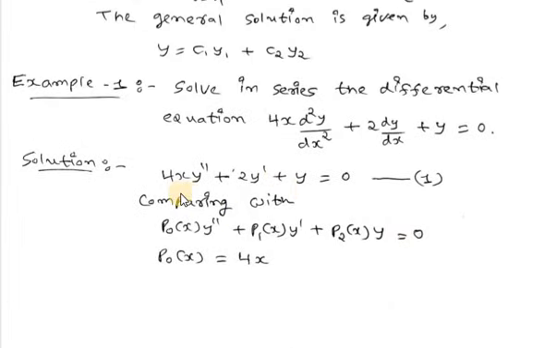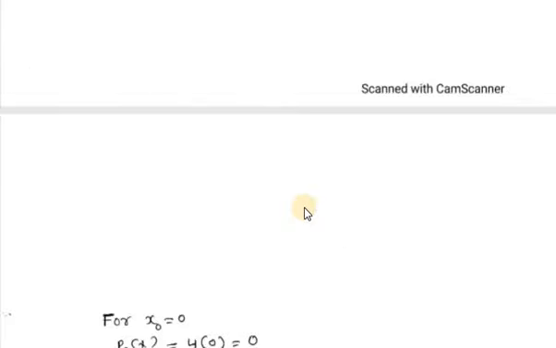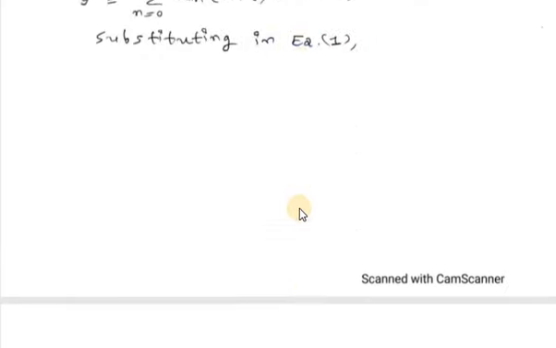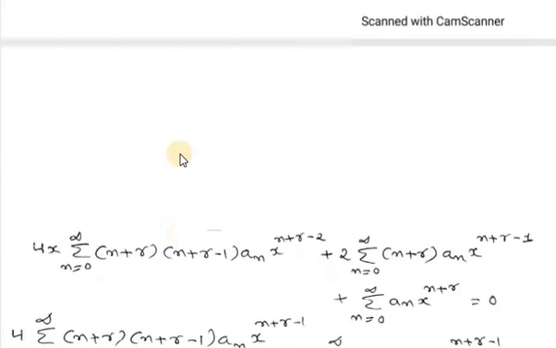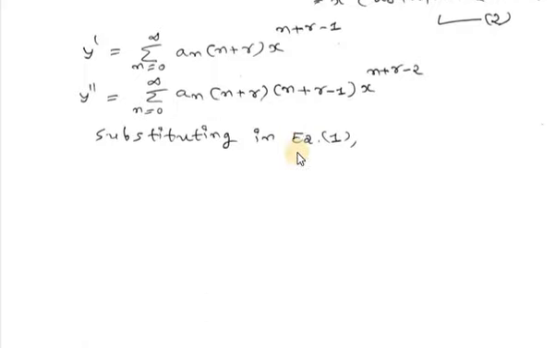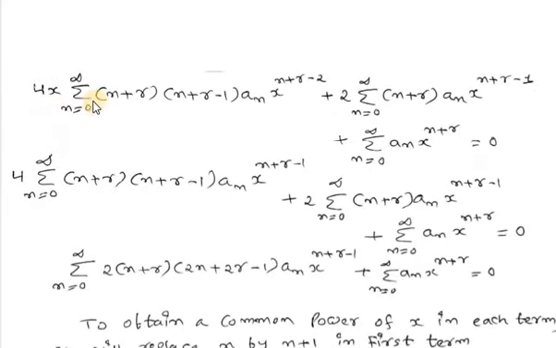So 4x will be as it is, then the value of y double dash, plus 2 as it is, the value of y dash, plus the value of y, that equals 0.